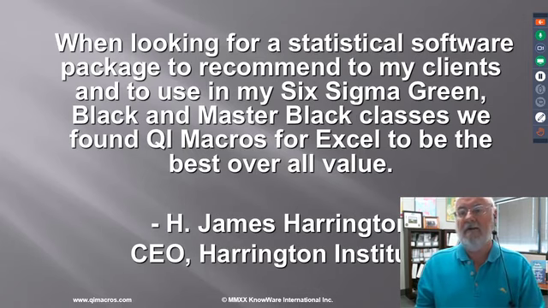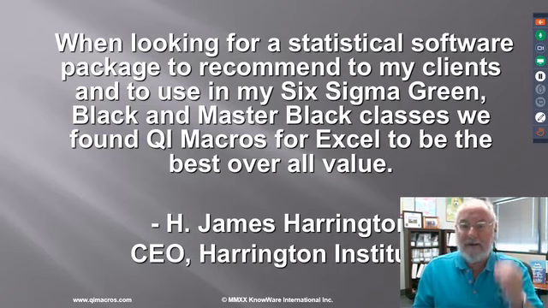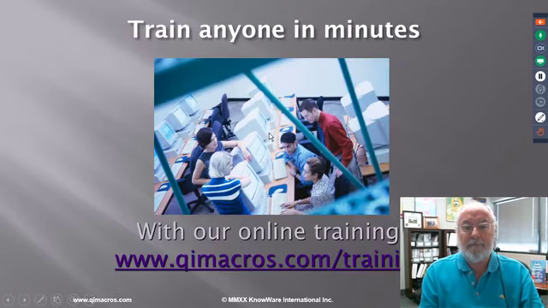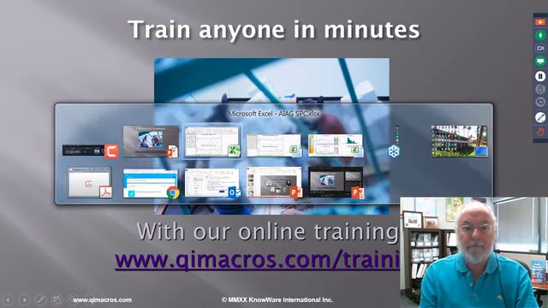James Harrington of the Harrington Institute uses QI Macros for his green belt, black belt, and master black belt classes because it's very affordable. For most people, it's everything you will ever need in a toolkit. And you can train anyone in minutes using our online training at qimacros.com.